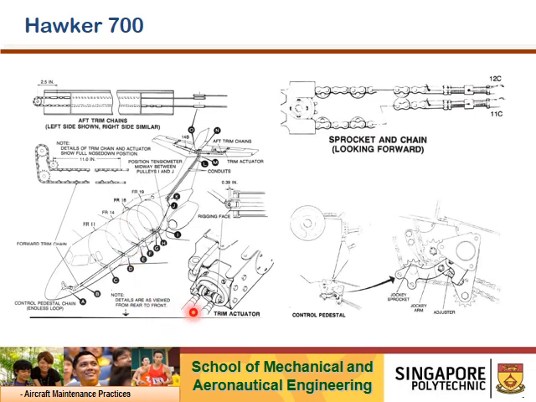For the elevator, you have control columns, and you will have chain drive coupled by push-pull rod and cables all the way to the elevator control surfaces. So this is pure mechanical control.